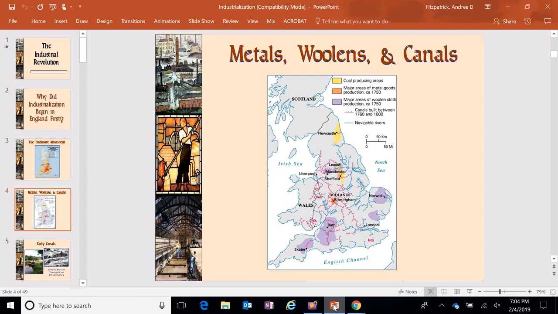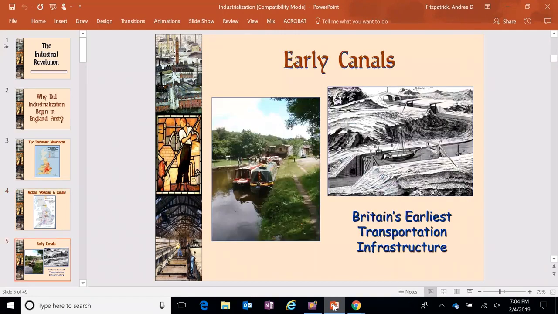In addition, because they needed more infrastructure and the road systems were not great, England was the first to really invest privately in the construction of canals. So a number of private enterprises undertook canal construction, and these became very profitable ventures.